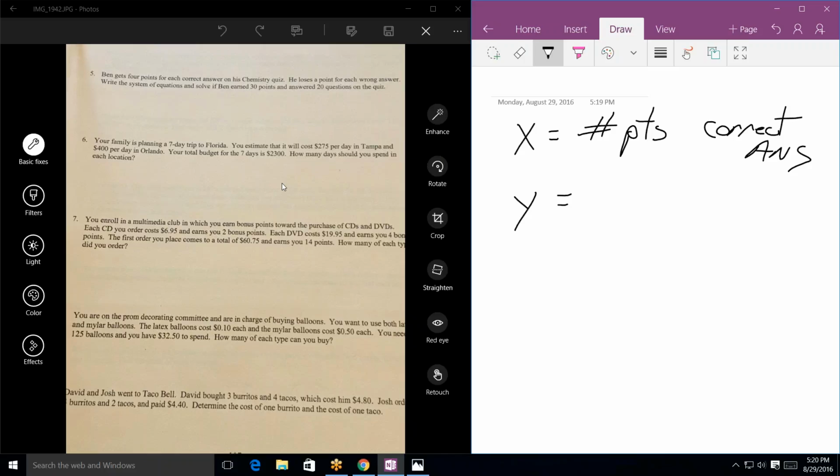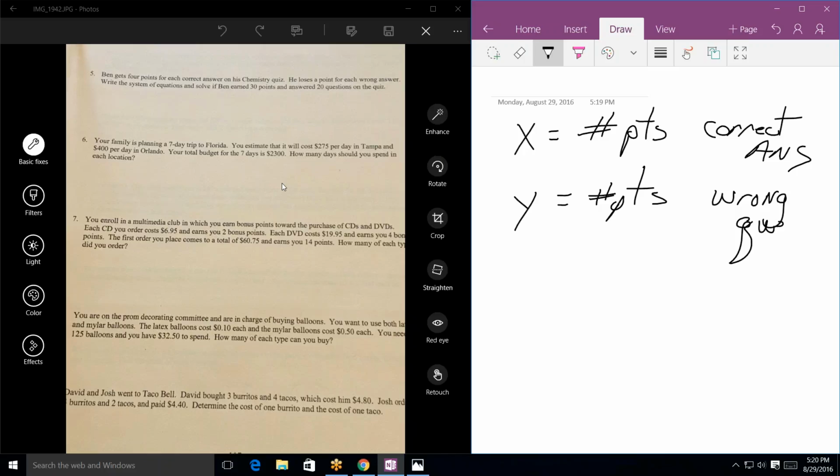No, they're telling you that. Remember, you're never letting your variable equal something that they're telling you in the problem. The number of questions is never what the variable can be. How about y being the number of points for wrong questions?